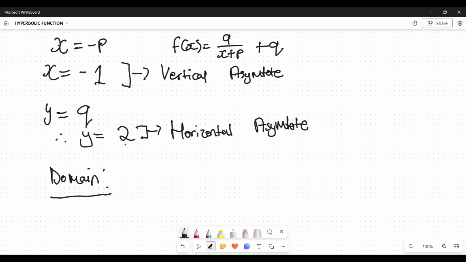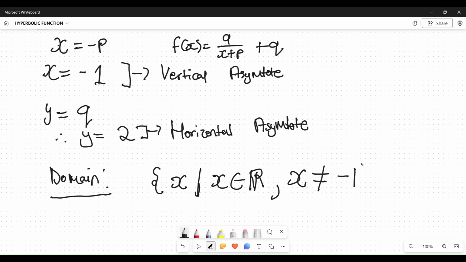So the domain is the set of x values where x is an element of the real numbers and x is not equal to negative 1.